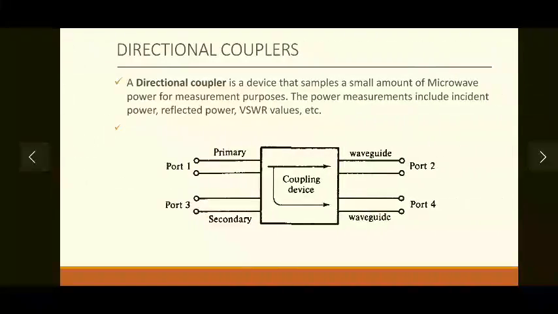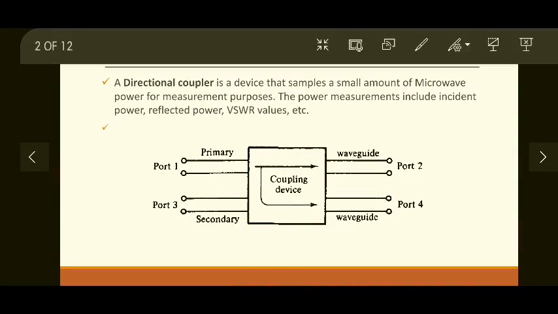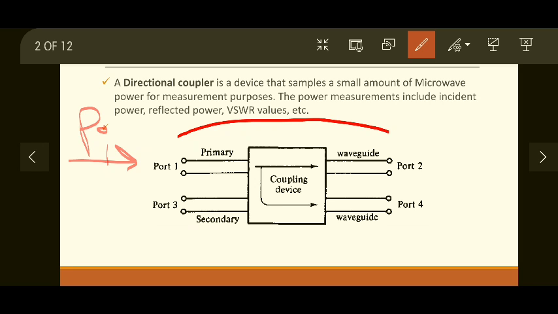So let's look at that in terms of the diagram. Port 1, let's say, is applied an input power, called the incident power. The entire power will transmit to port 2, let's call it PT, the transmitted power to port 2.